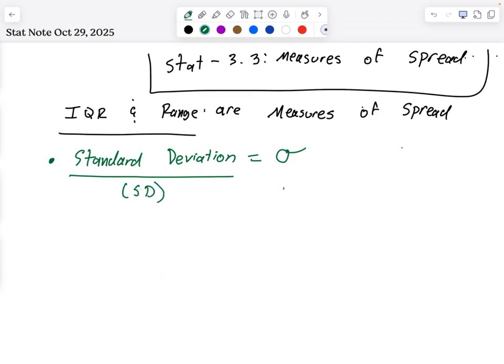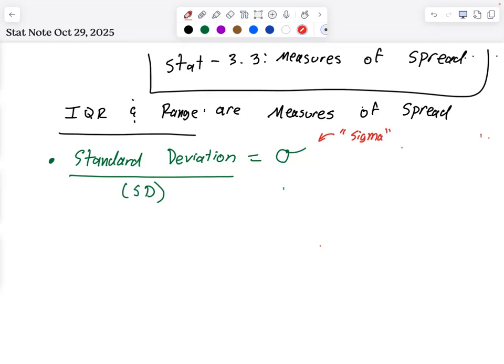But mathematically, we use this symbol right here. Does anybody know what this lowercase Greek letter is? It is sigma.